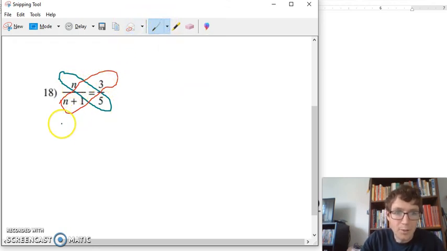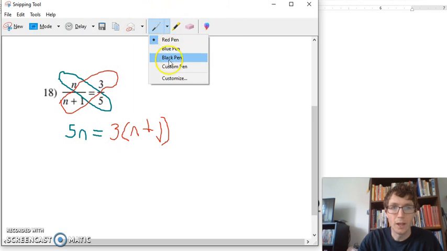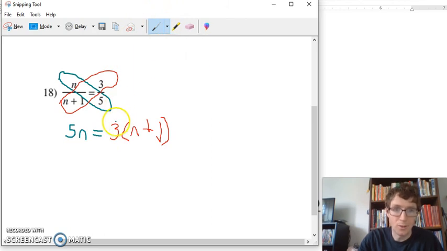So what's n times 5? That'll be 5n is equal to 3 times n plus 1. So I think the next step as far as simplification goes, let's distribute this 3.